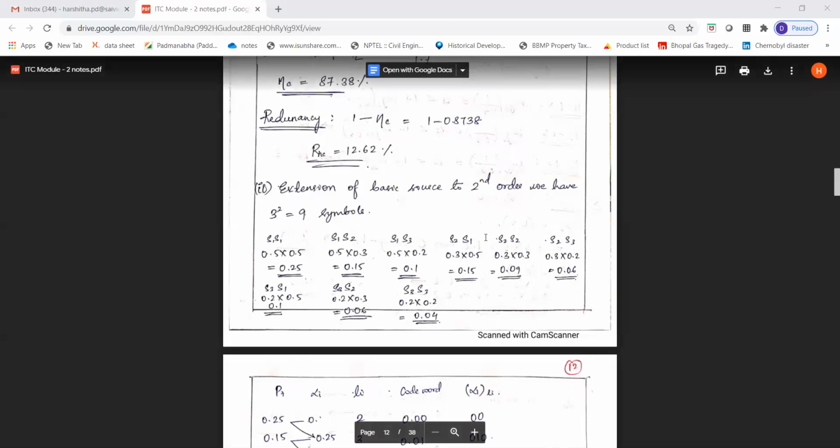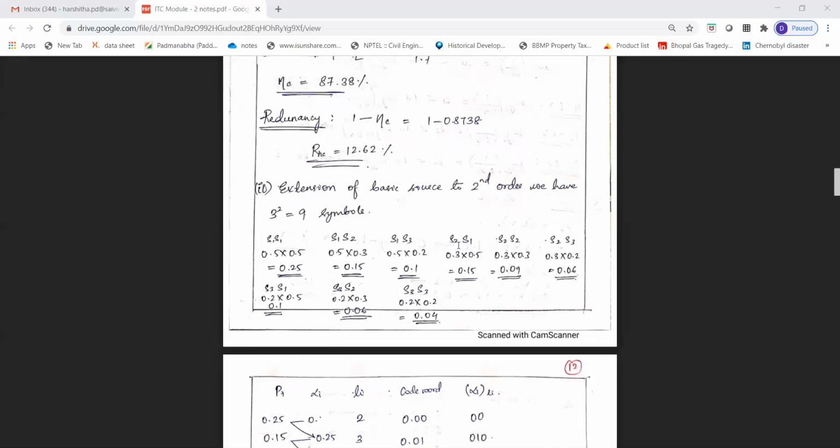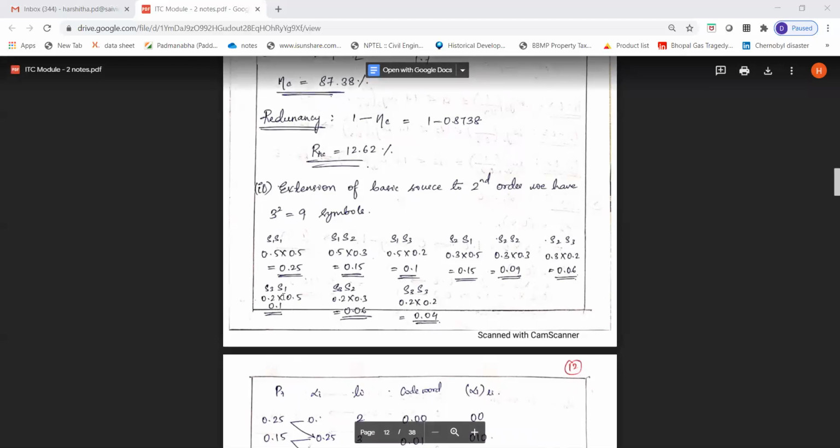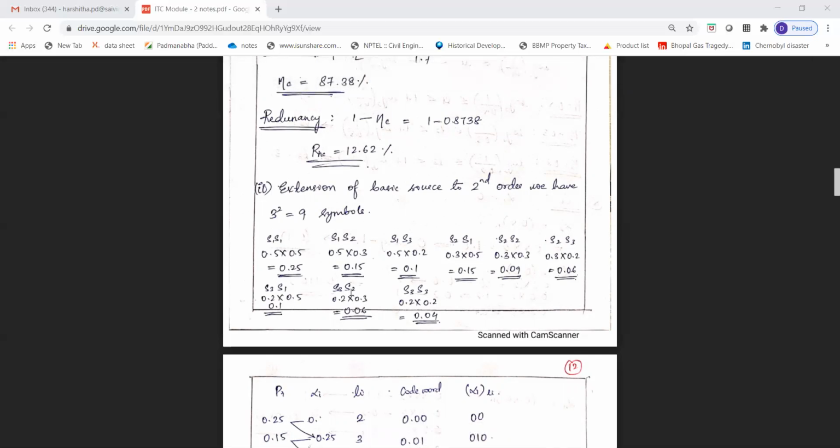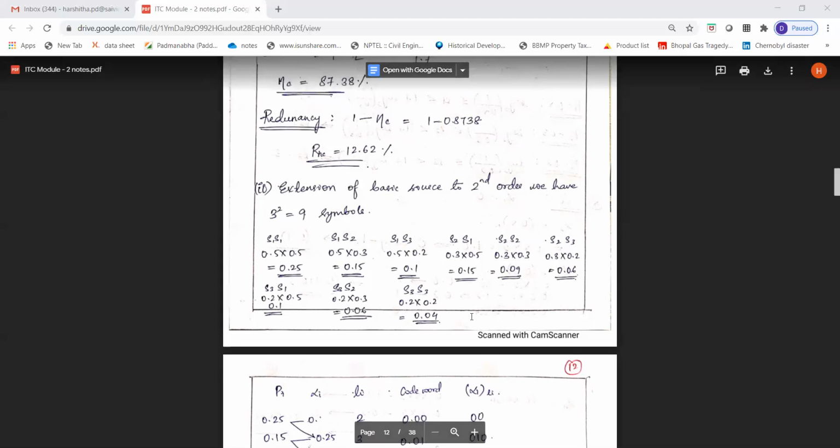Next S2 combined with all the 3: S2 with S1, S2 with S2, S2 with S3. Next S3 with all the 3: S3 with S1, S3 with S2, S3 with S3. The probabilities of S1, S2 and S3 are given as 0.5, 0.3 and 0.2. So substitute all the values and calculate the probabilities of all the 9 symbols.